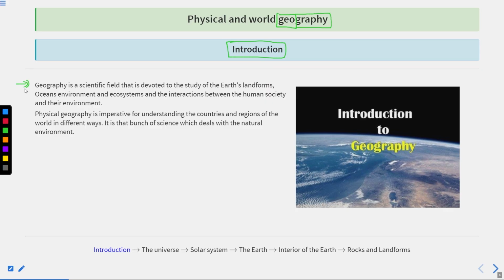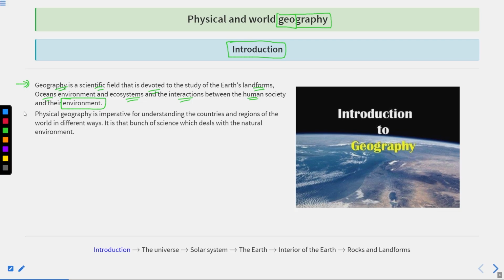Geography is a scientific field devoted to the study of earth landforms, oceans, environment, and ecosystem, and also the interaction between human society and their environment. It means that geography is not only a study of earth and its elements, but also the study of interaction between the inhabitants of the earth, like human society, and how they interact with the environment, which has other creatures, biotic and abiotic. So that is all about geography.